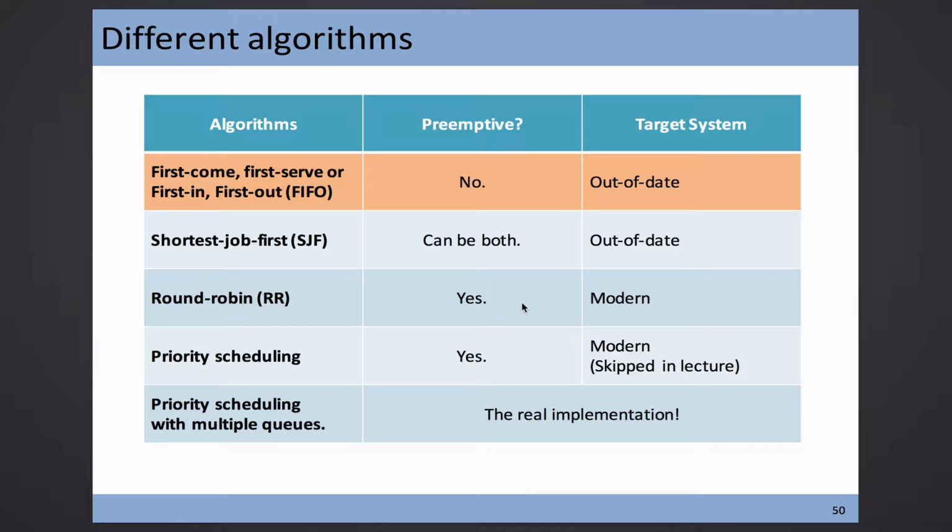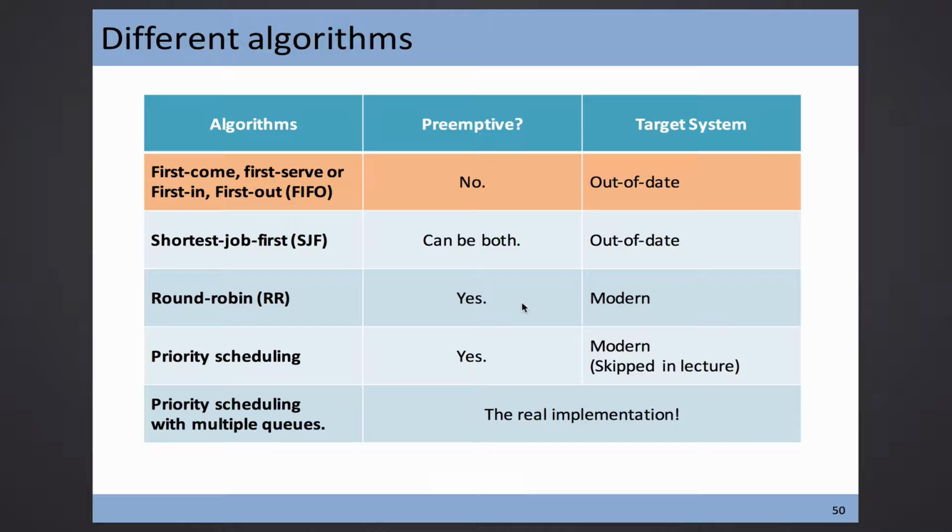The next one is shortest job first. Later on, I will tell you where it exists or not. Round robin exists everywhere. I don't know whether you have learned the router architecture. If you have learned router architecture, this round robin term also appears in router schedulers. A router scheduler wants to route so many sockets, and I don't know which socket to route, so it will take a round robin style.